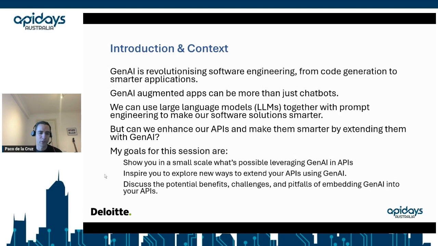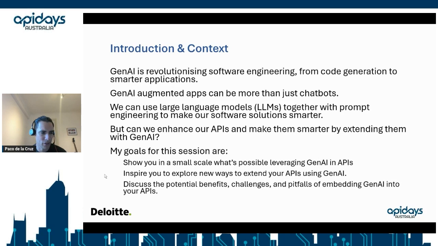Okay, so we all know Gen AI is revolutionizing software engineering, right? This is from the way we generate code, we write code, but all the way to being able to build smarter applications, right? But really, when we're augmenting our applications with Gen AI, this is much more than just chatbots, right?